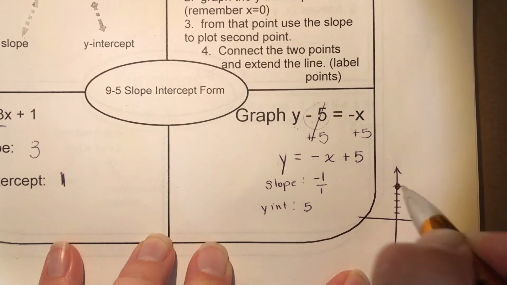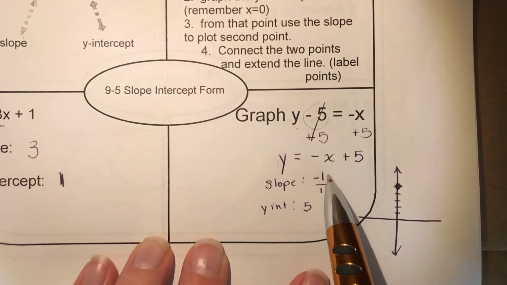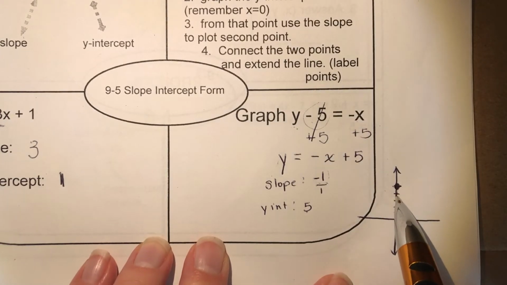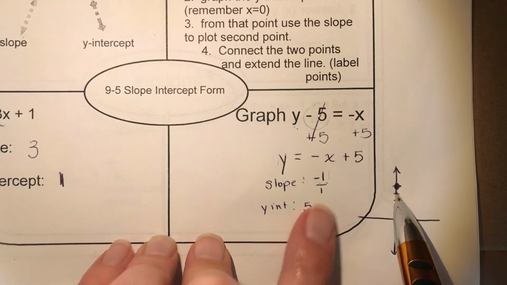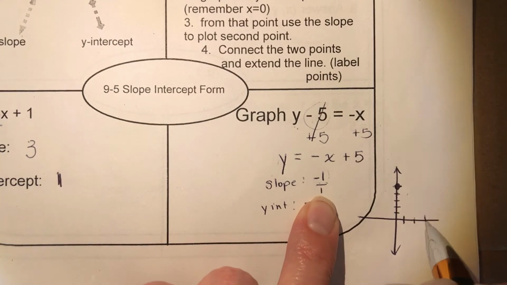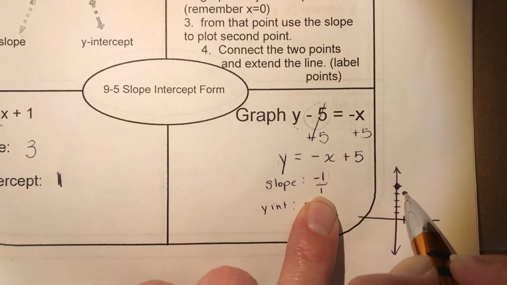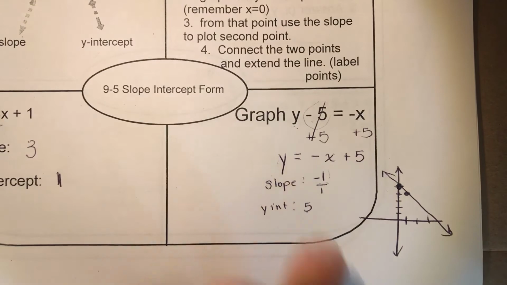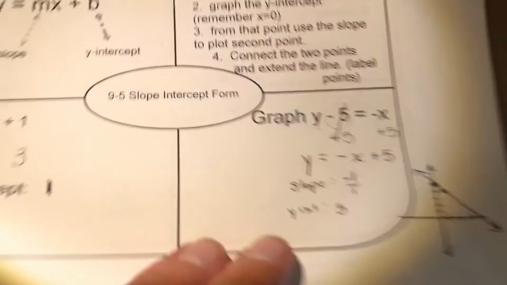So I'm going to put my dot here. Now watch, this is going to be a little bit different. This -1 is going to tell me to go down 1 and then over run 1. So I really should have a couple dashes here. So then this is where my dot is here. And that's what it would look like for this.